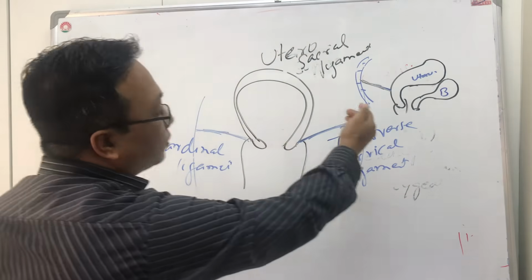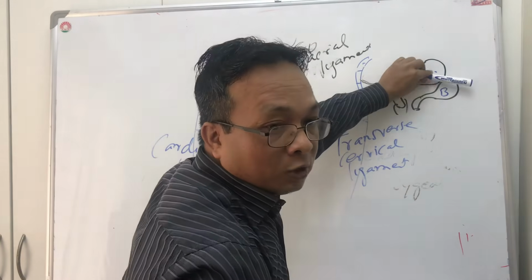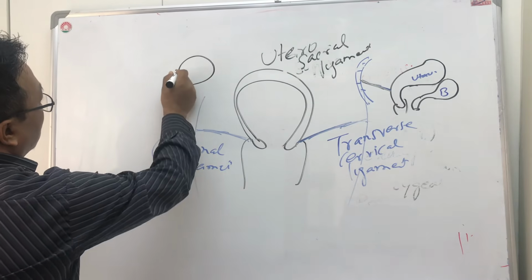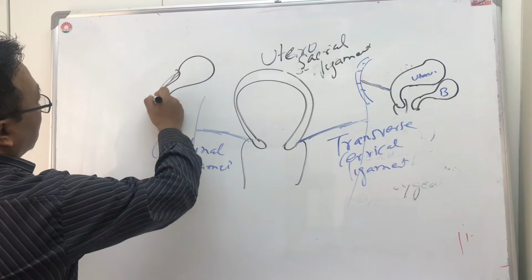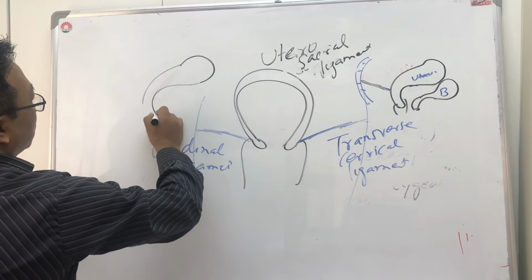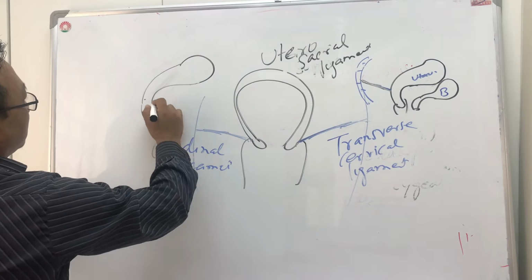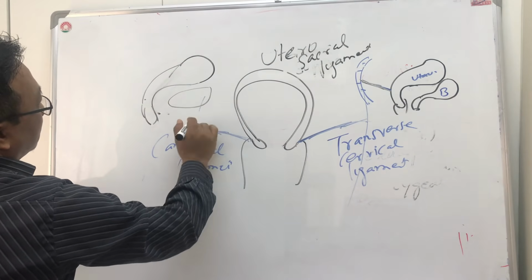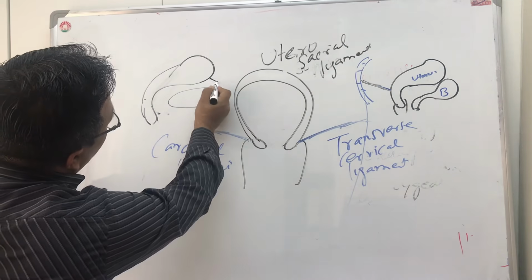So from the front also, there should be something. The uterus is in an anteverted position. Let me draw it. This is anteversion, and this is the bladder.